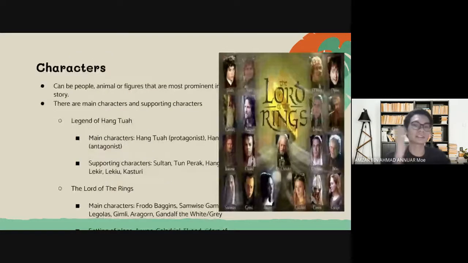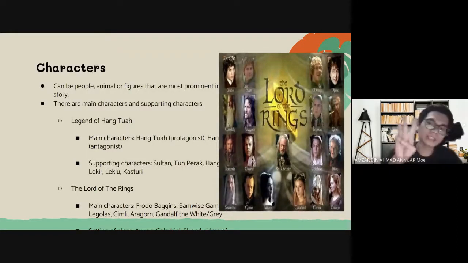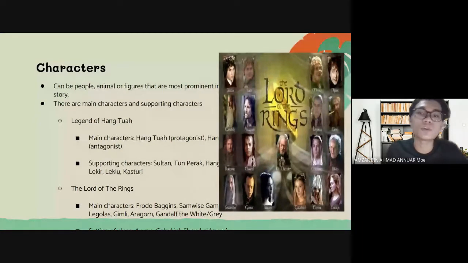The characters. Baik, tadi saya cakap there are 3. 1 setting, 2 characters. Now, characters, they can be people, animal or figures that are most prominent in the story. It doesn't matter if they are people, animal or figures.